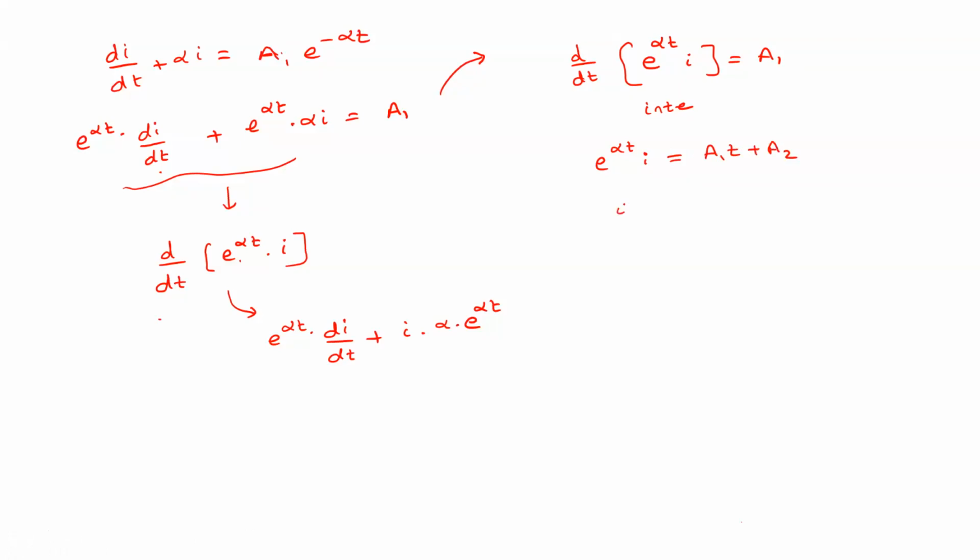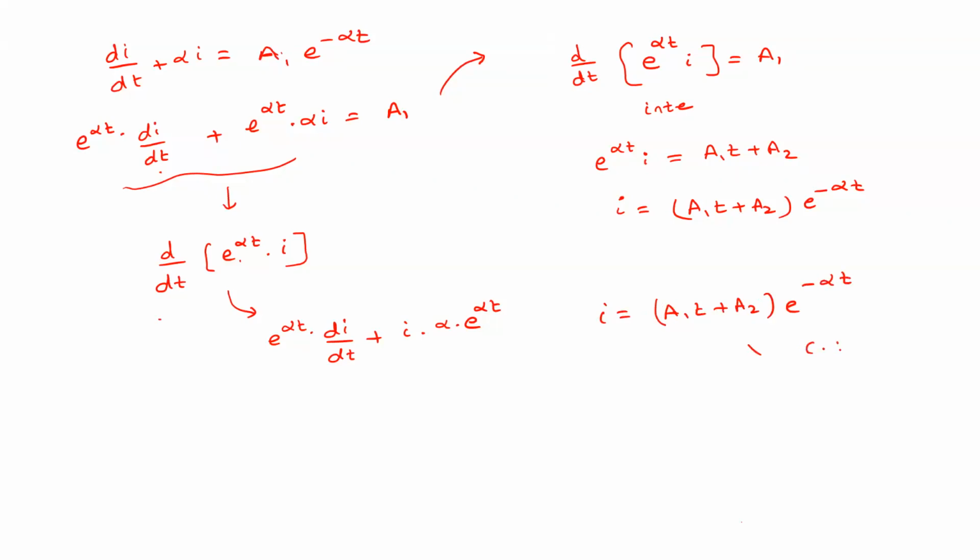So from this, the I value is A1t plus A2 into e to the power of minus alpha t. So what is the solution for this particular case? I equal to A1t plus A2 into e to the power of minus alpha t.